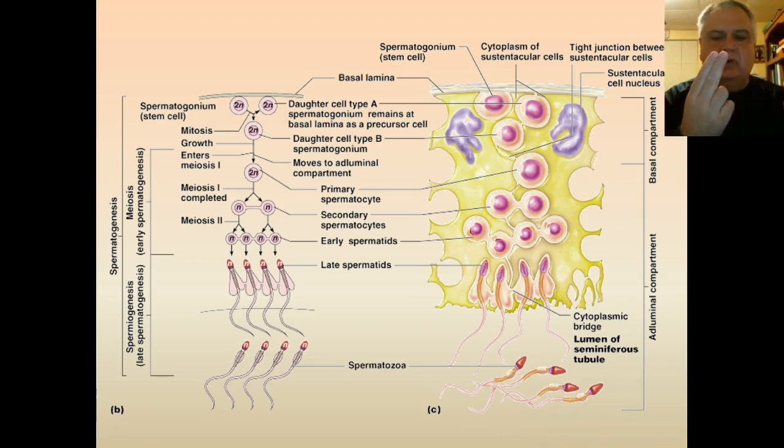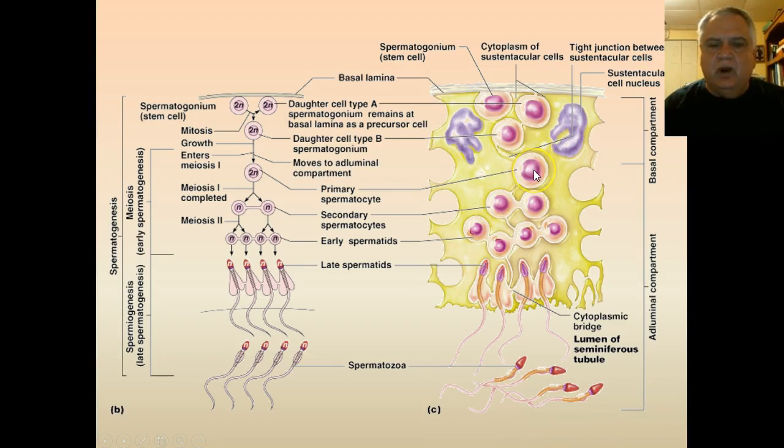So that's going to put one chromosome in one cell and one chromosome in the other cell. This is going to give us the n number of chromosomes. Once the n number of chromosomes forms, these are no longer called primary spermatocytes, but they're called secondary spermatocytes. The secondary spermatocytes now will have the n number of chromosomes.